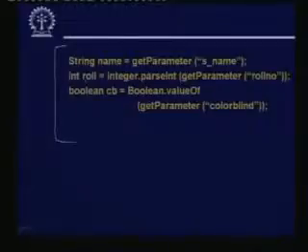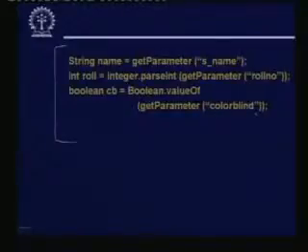The roll number, you are again doing a getParameter roll number, you will be retrieving the roll number value here. This will be obtained as a character string. So, in addition you have to call Integer.parseInt to convert it into an integer, assign it to roll.